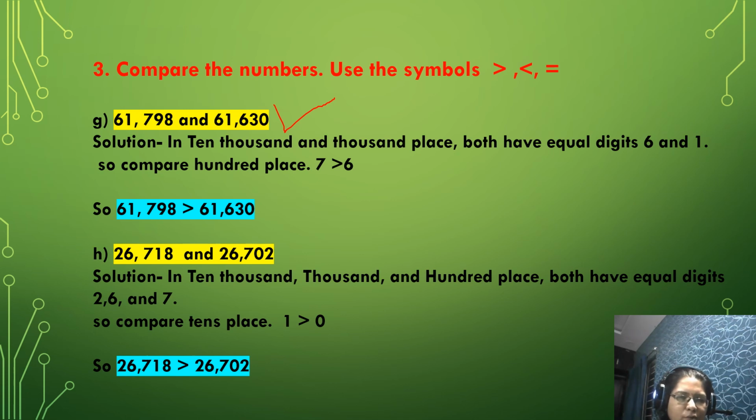So both are equal, 1 and 1. So next we move to the 100 place. Here in the 100 place the first number digit is 7. In the second number in the 100 place the digit is 6. We know 7 is greater than 6. So 61,798 is greater than 61,630.